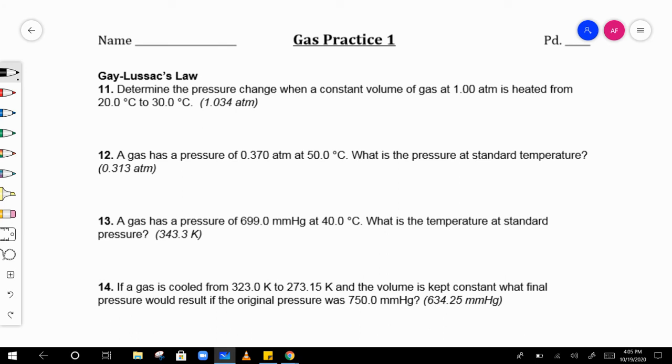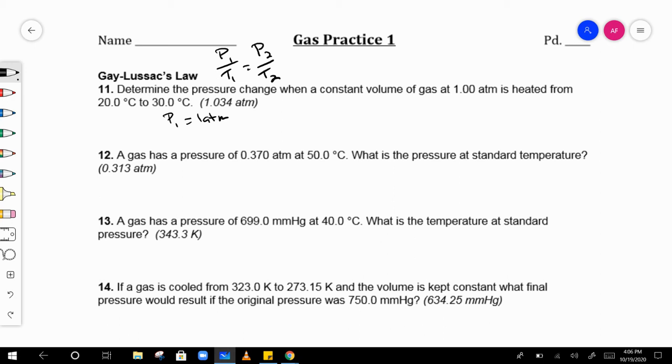Okay, next one. Gay-Lussac's law is pressure and temperature. So P1 over T1 equals P2 over T2. Again, here temperature needs to be in Kelvin. So pressure 1 is 1 atm. It's tricky to sometimes read these. You've got to practice and just get some wrong.